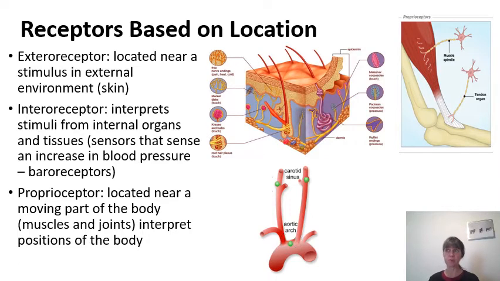You'll remember from the previous chapter that the carotid bodies have chemoreceptors for oxygen and carbon dioxide, and the carotid sinus has baroreceptors to detect changes in blood pressure. And then we have proprioceptors. Proprioceptors are usually located near moving body parts, muscles, and joints to help interpret the position of the body in space.